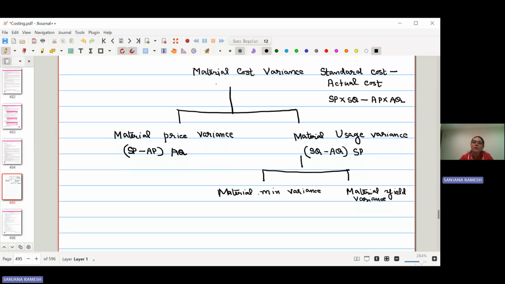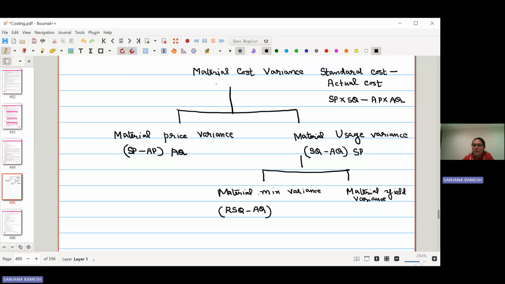This material mix variance means the standard ratio set might have changed while making use of it for the actual production. So for the material mix variance, we have to prepare one more column, that is the revised standard quantity. So we can write the formula here: revised standard quantity minus actual quantity.